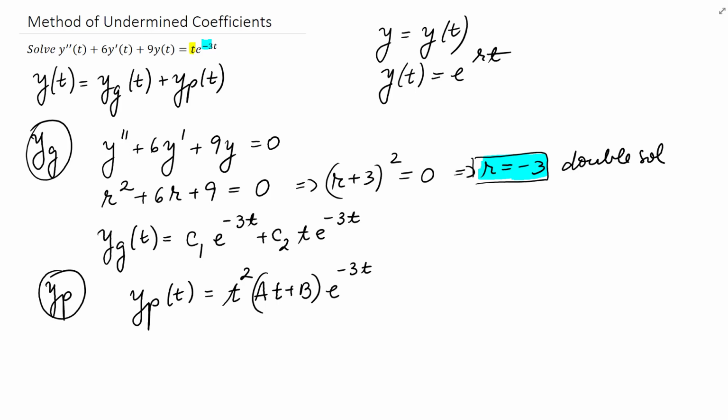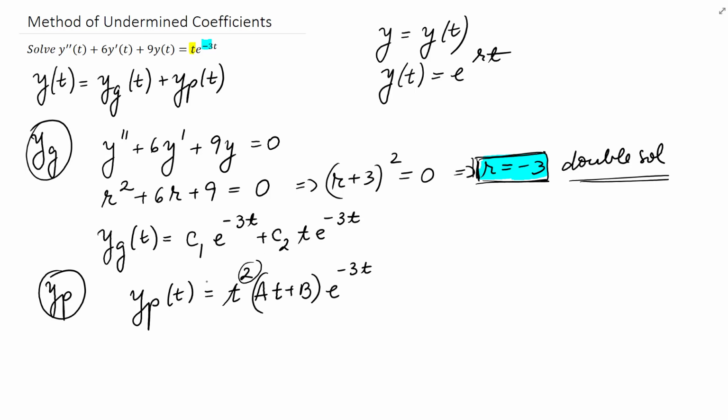If r equals negative 3 was a simple solution, so the other solution was 5 or 9 or 3, then instead of t squared, we would add a factor of just t to the first. Double solution means we add a t to the second.